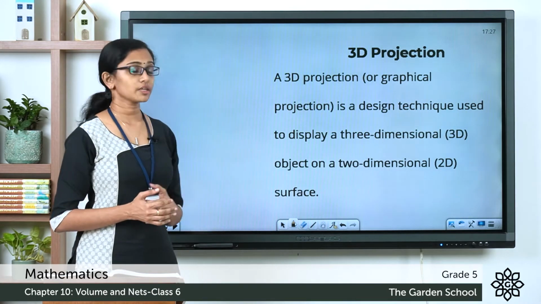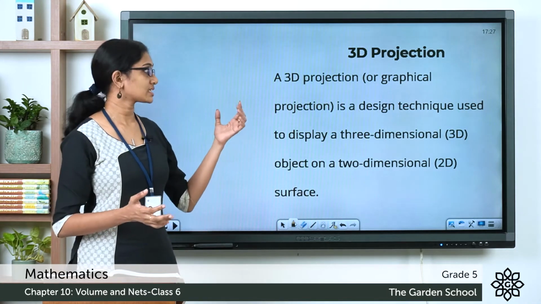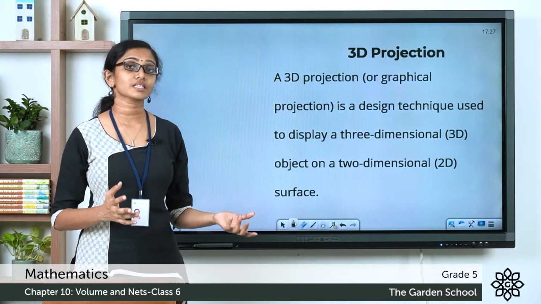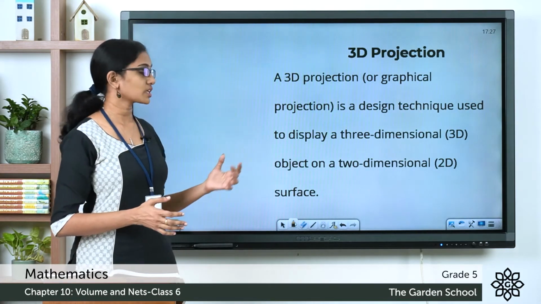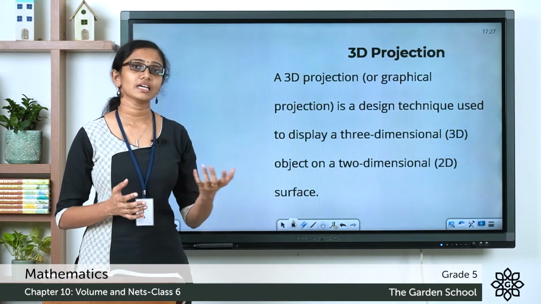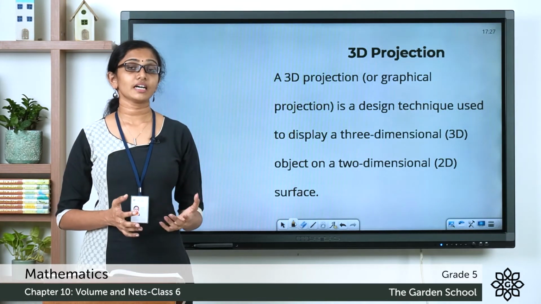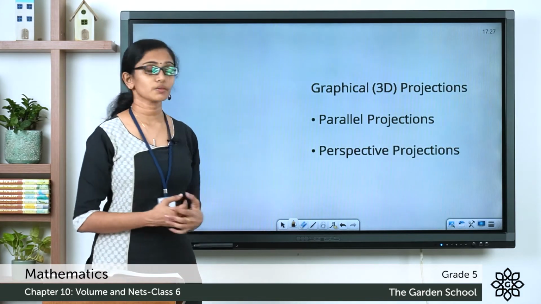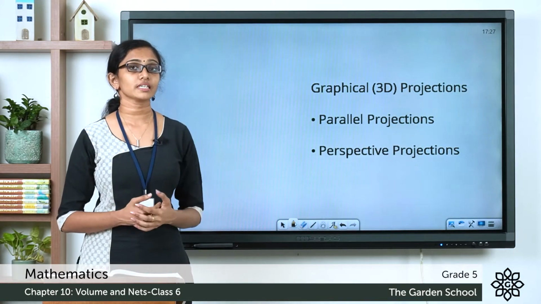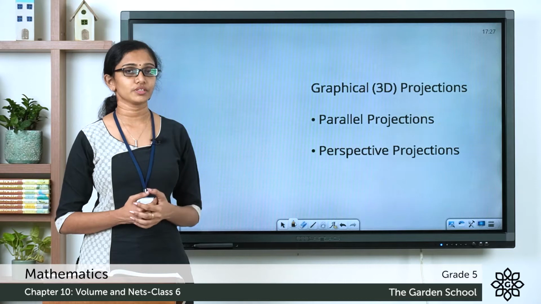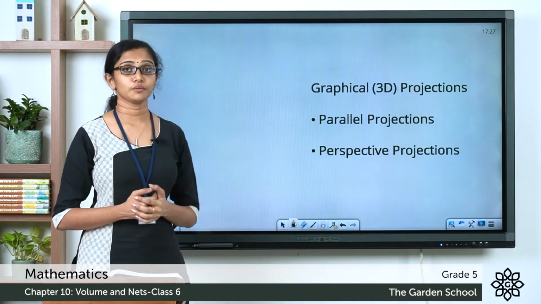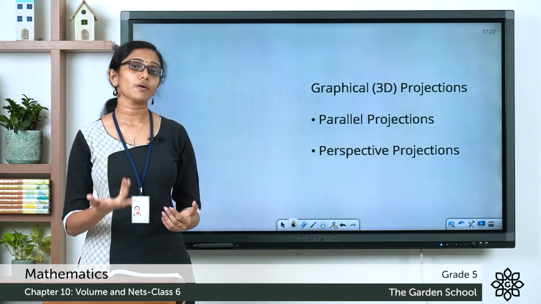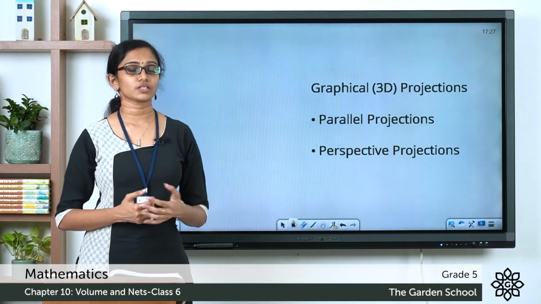A graphical projection or a 3D projection is a design technique used to display a three-dimensional object on a two-dimensional surface such as paper. There are different types of projections. There are parallel projections, which are more suited for projecting objects with parallel edges, and perspective projections, which give more realistic drawings or sketches.